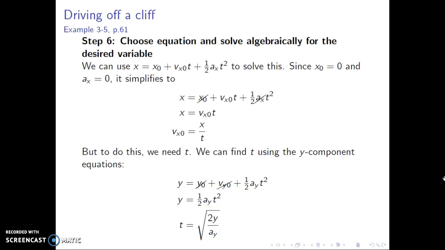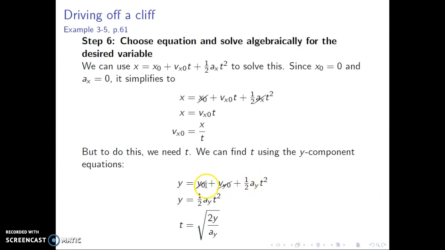How can we find time? Well, out of all of the equations, you can look through, choose the one you want. But let's just use the same equation that we used before. This one actually works. The only other equation that involves time has a variable that we don't know, so that one wouldn't help. So y equals y naught plus v naught y t plus 1/2 a y t squared.